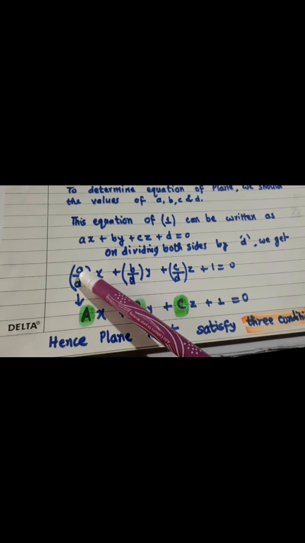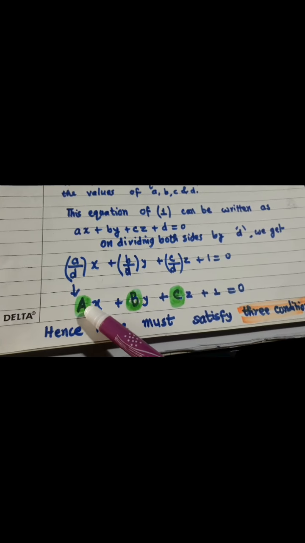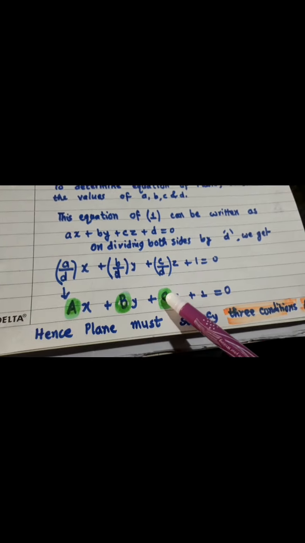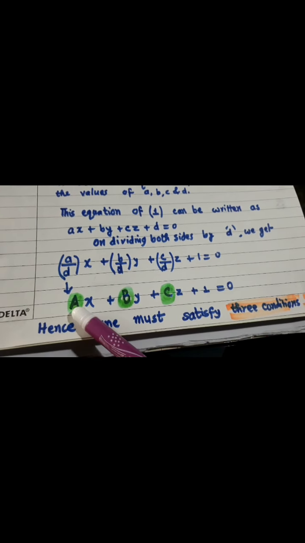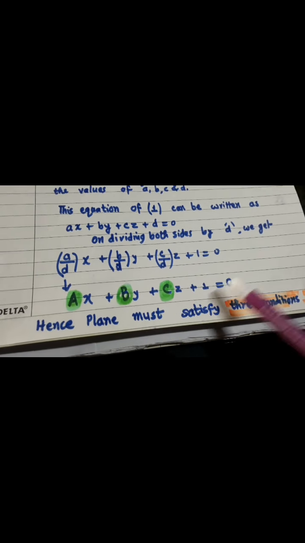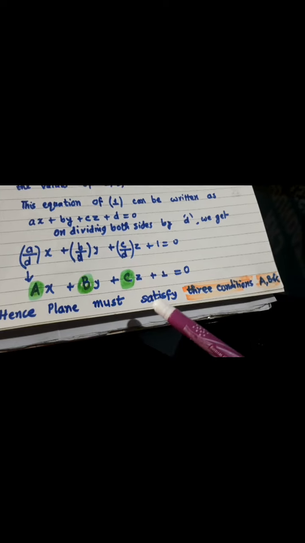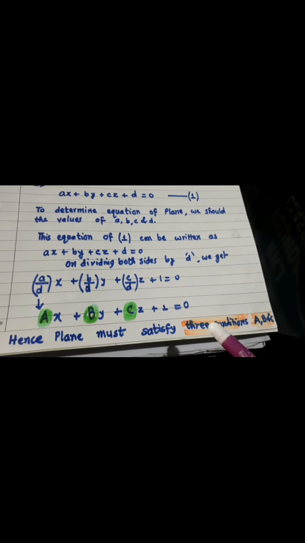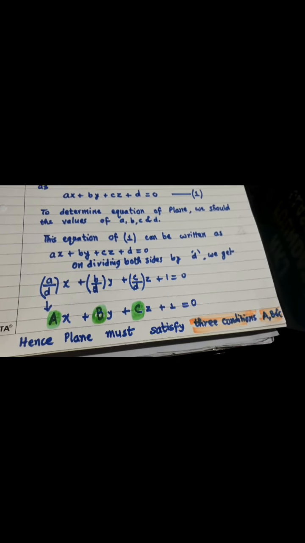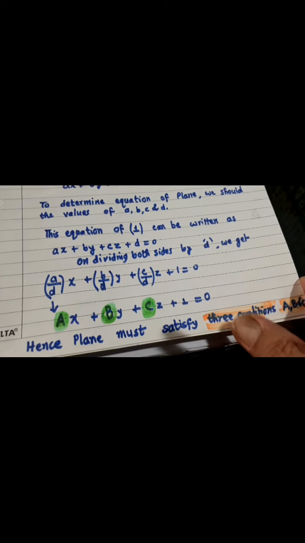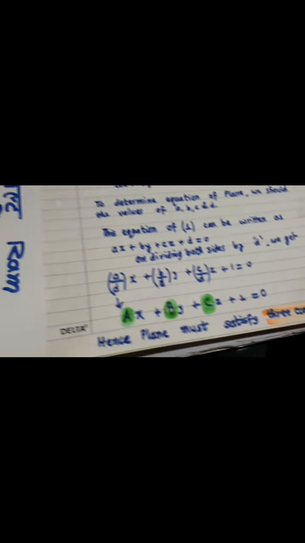So replace a over d by capital A, b over d by capital B and c over d by capital C. So the equation becomes Ax plus By plus Cz plus 1 equal to 0. So hence plane must satisfy 3 conditions. Whenever we deal with a question on plane, we should ensure that there are 3 conditions available. Now let us go further.